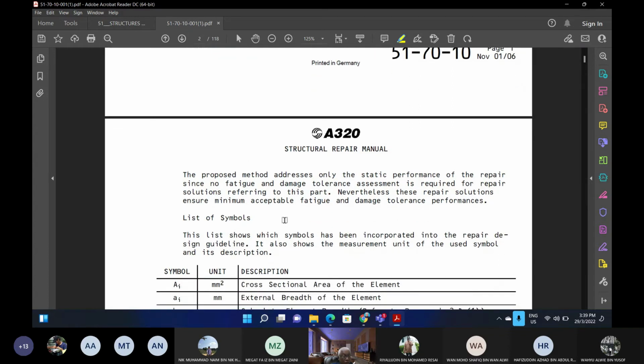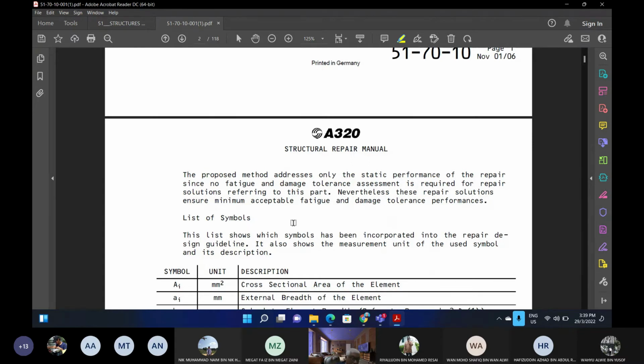Even though they are not focused on fatigue and damage tolerance, more focused on static, however, the general guideline of cutting, drilling, machining, all those methodologies for you to make the doublers, to make the fillers, to cut the damage area, you have to follow this manual.